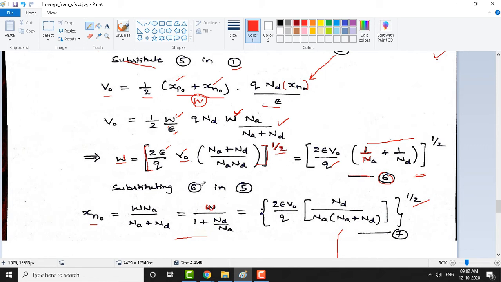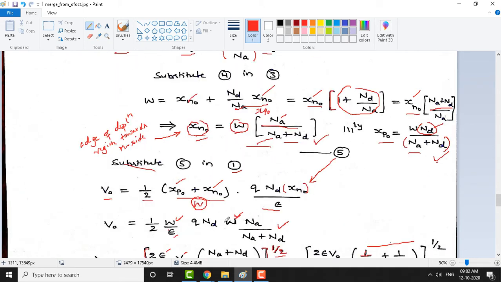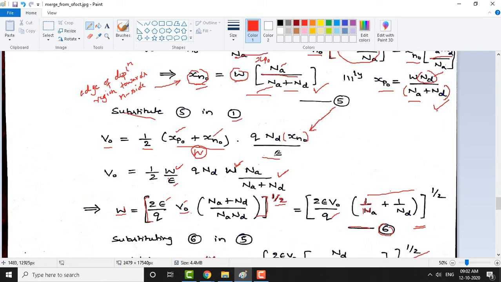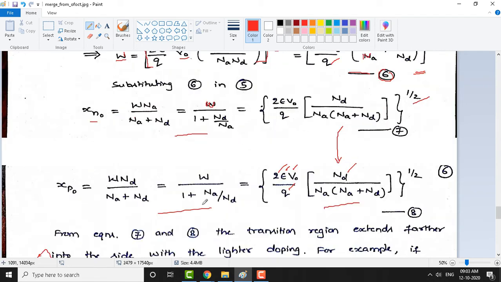Okay, fine. Now next let's rewrite this equation in terms of xn naught. Already we know this xn naught equation: xn naught is equal to W Na divided by Na plus Nd. So you can see here this is the same equation, W Nd divided by Na plus Nd.